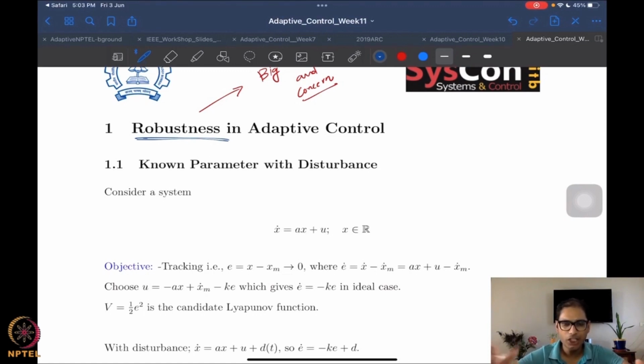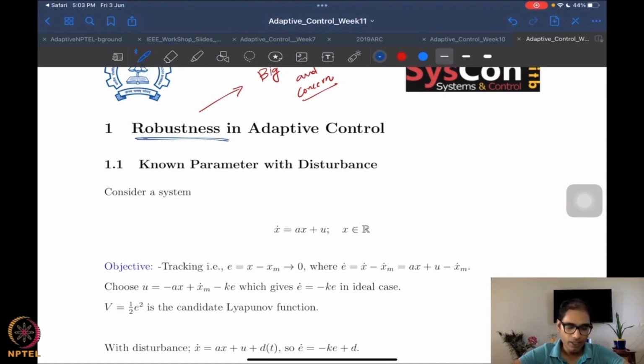You can have actuators which are not exactly functioning the way you want them to, producing more power or less power than you want. That's disturbance. Anything that's not well modeled can be captured as a disturbance, because disturbance is typically assumed to be an unknown but bounded quantity.